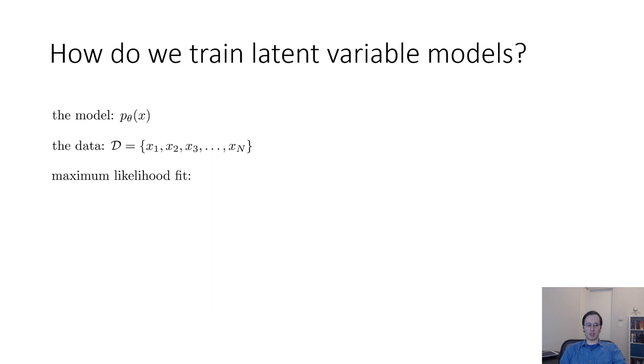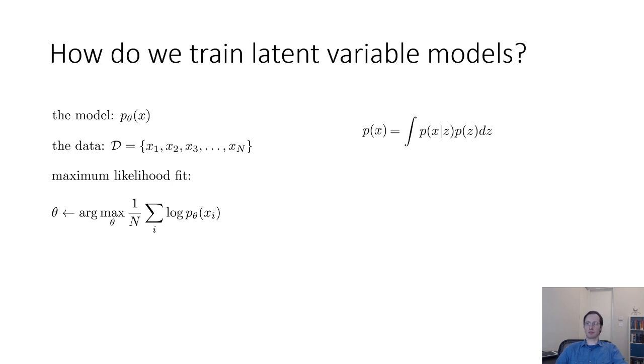When we want to fit the data, what we typically want is a maximum likelihood fit. So the most natural generative modeling objective is to set theta to be the argmax of 1 over n times the sum over all of your data points of log p theta of xi. So if you find theta that maximizes the log probability of all of your data points, you will have found what is called a maximum likelihood fit, which in some sense is kind of the best model that you could have for your data.